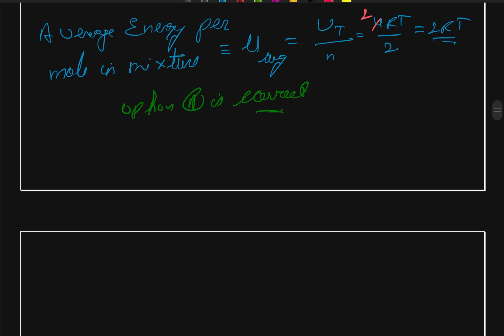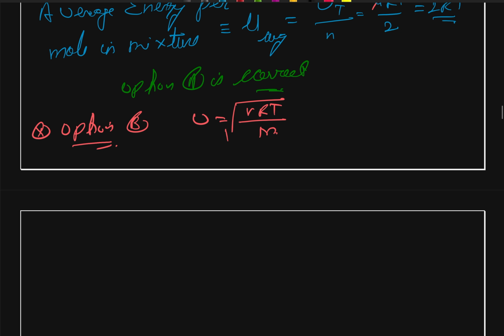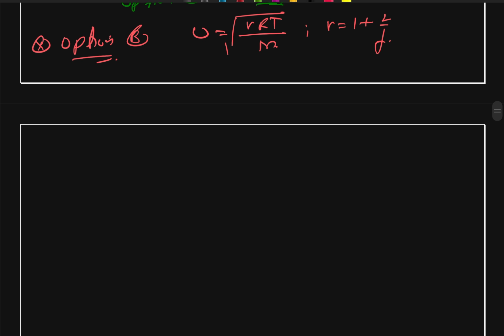Option B talks about the ratio of the speeds, and we know the formula that the speed V is equal to the square root of gamma RT divided by molar mass, where gamma is the adiabatic index, which is equal to 1 plus 2 upon F. So we can write for helium, velocity for helium will be equal to the square root of gamma helium R T over molar mass of helium.